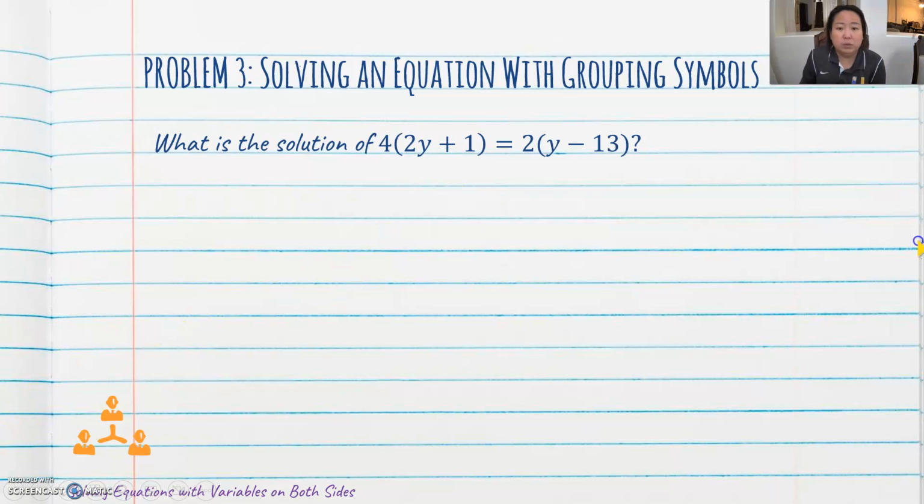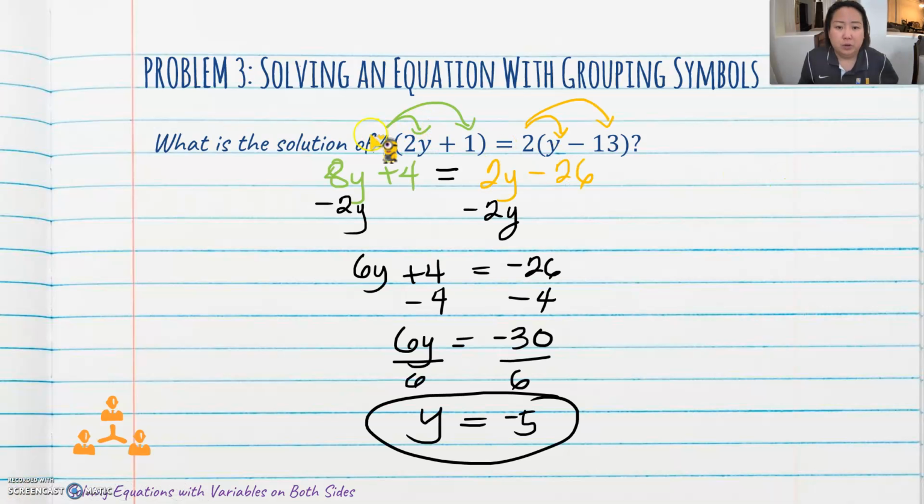Let's see what will be the value of y that you will solve. Applying your distributive property, you will end up having 8y plus 4 equals 2y minus 26. And then putting all your variables on the left side, you'll have 6y. All your constants on the right side, it will now end up to be -30.